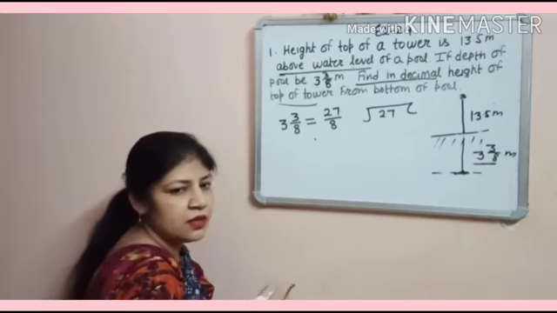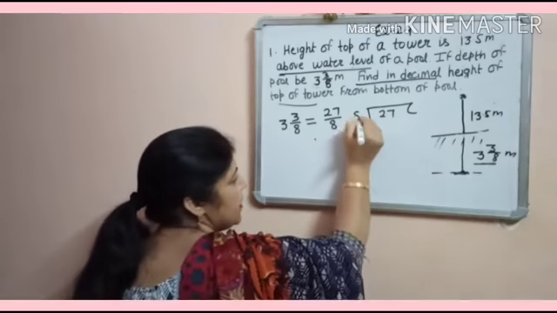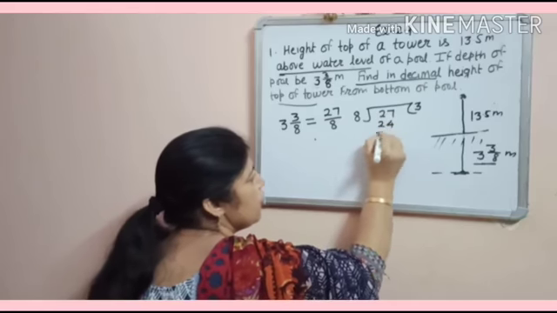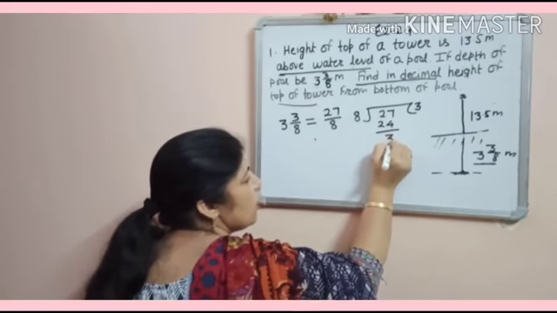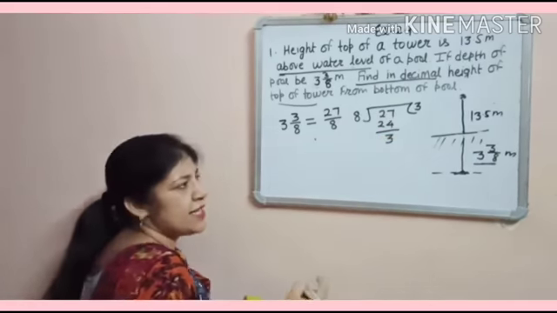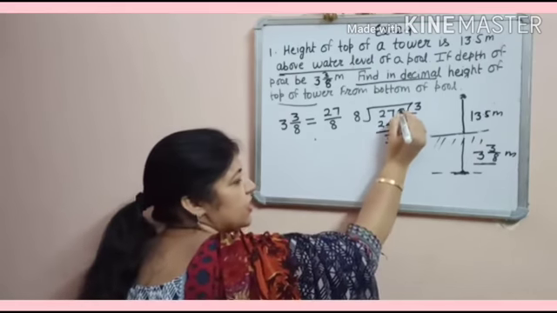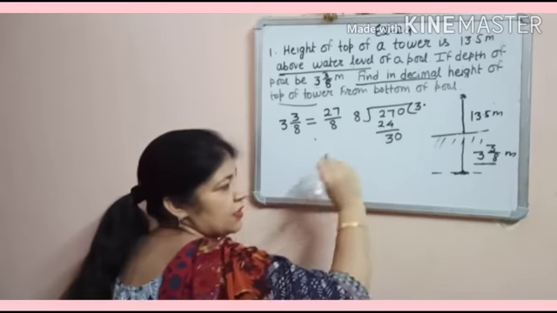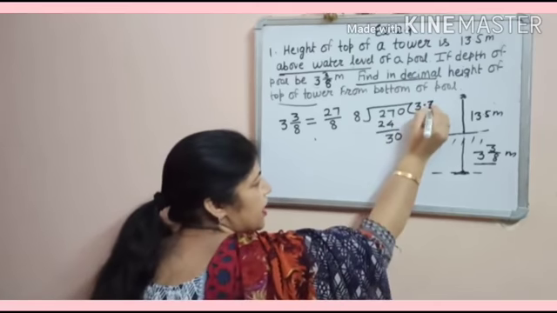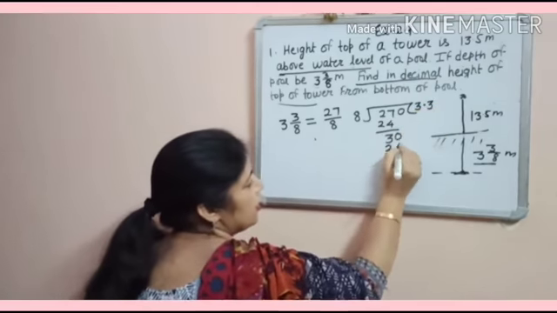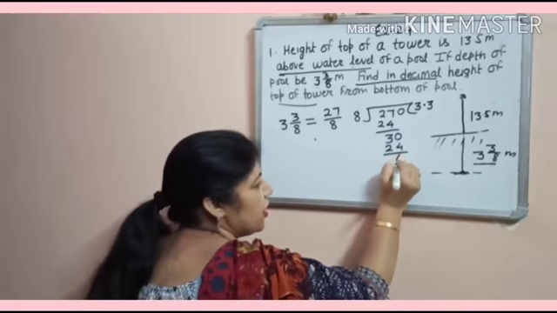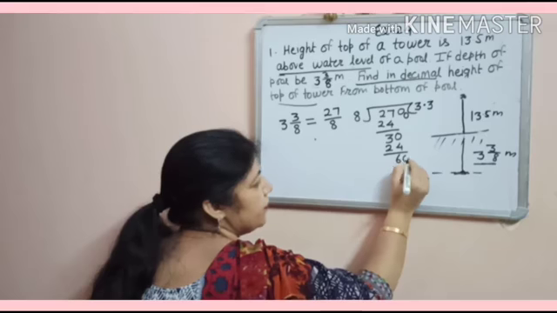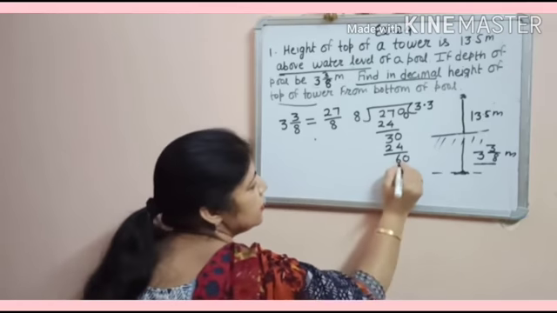Now 27 will be the dividend and 8 will be the divisor. 24. So for converting to decimal, we have to write 0 here and write the decimal point here. Now again it is divided by 3, 24, one more 0. You have to write here.